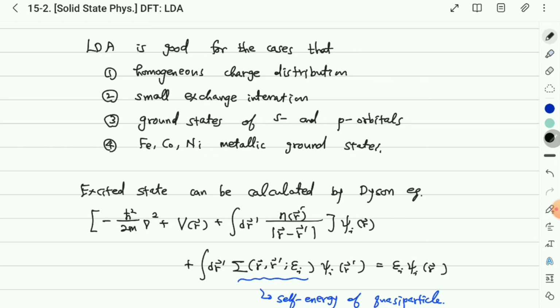And here we use the Green function to calculate more exactly. The energy band gap obtained by the LDA calculation underestimates the real band gap, which means the calculated band gap is small compared to the real energy band gap. It is a widely known problem.